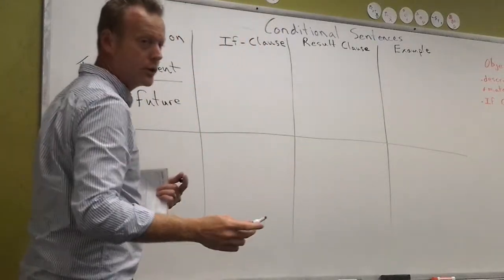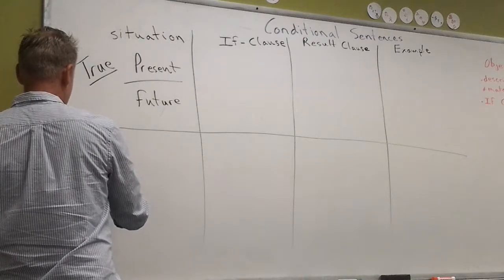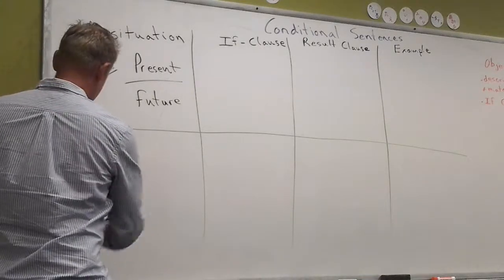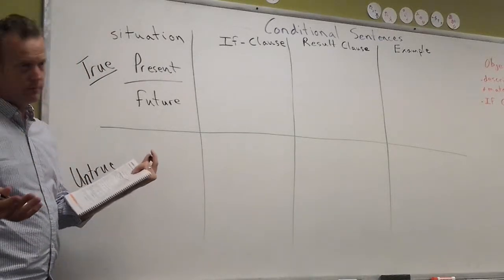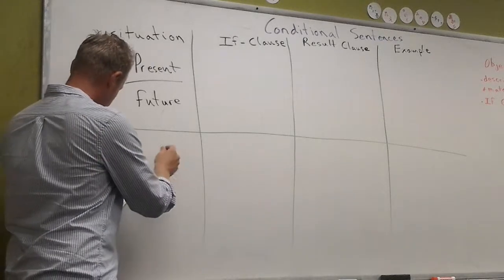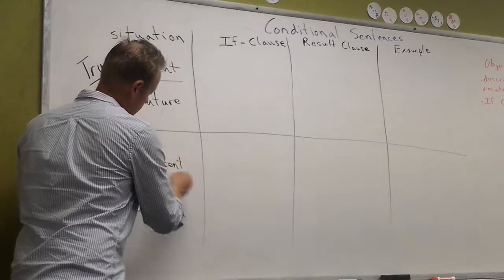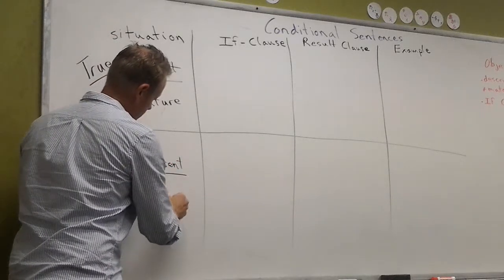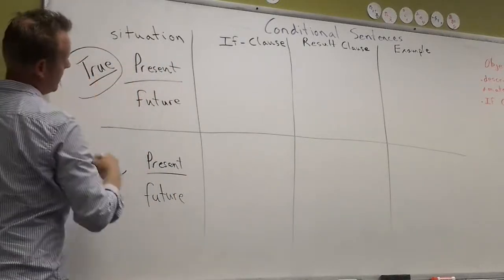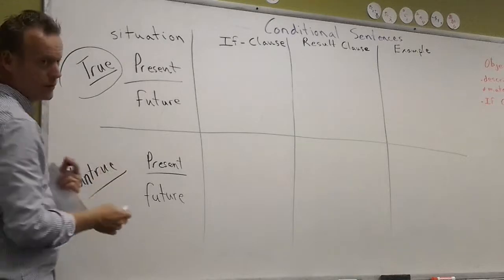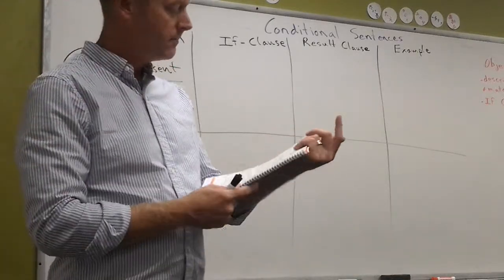What is it, true or untrue? Untrue. Yeah. So this situation is untrue. And what verb tense is it in? Present or future, same thing. So we're going to look at the difference in how you make a true situation in the present or future or an untrue condition in the present or future. Let's look at the examples.